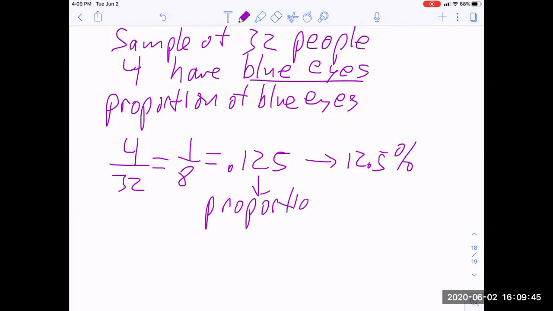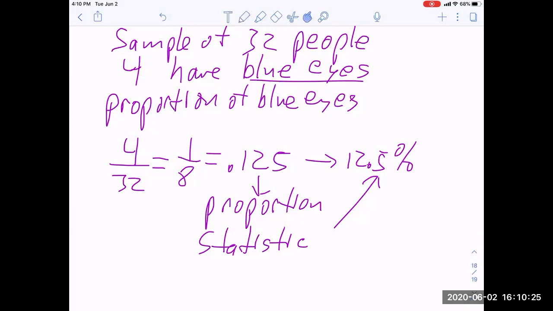This is now a statistic. I can talk about it looks like it's the probability or proportion of blue-eyed people is about 0.125, or you could even say maybe 12.5% of people have blue eyes. At least now I've taken a nominal level of measurement, eye color, and I've changed it into a statistic, which is a numerical measurement of a characteristic of a sample.